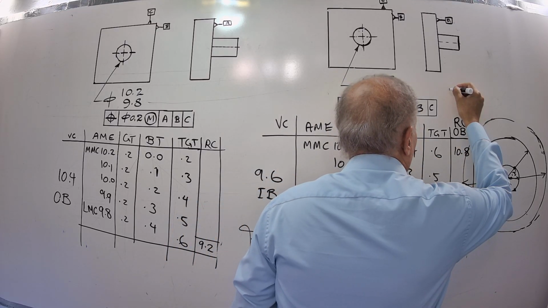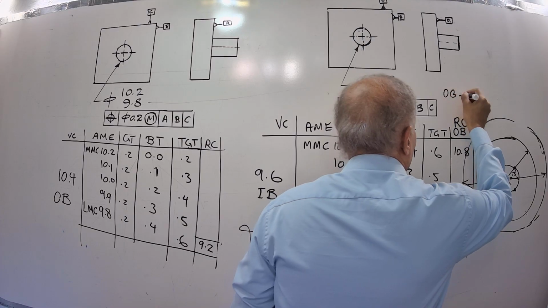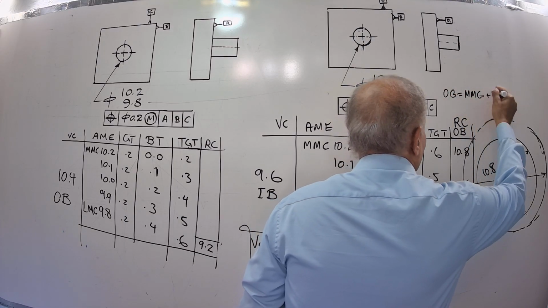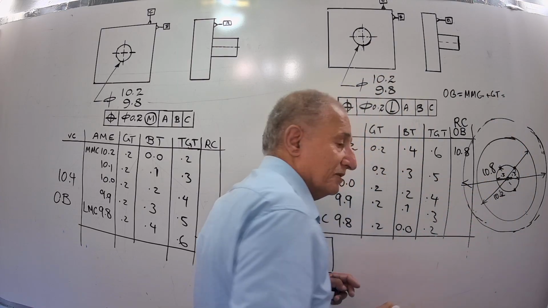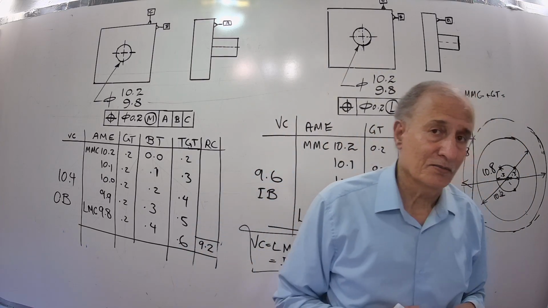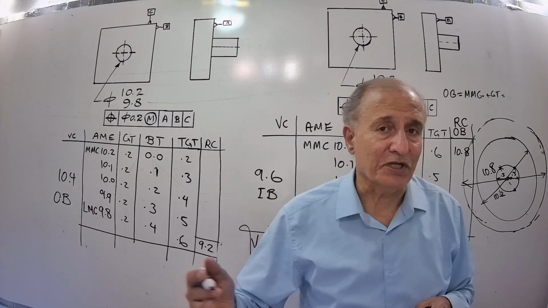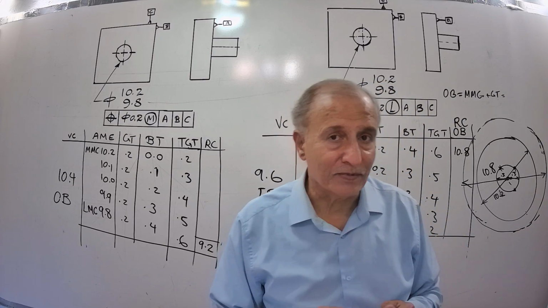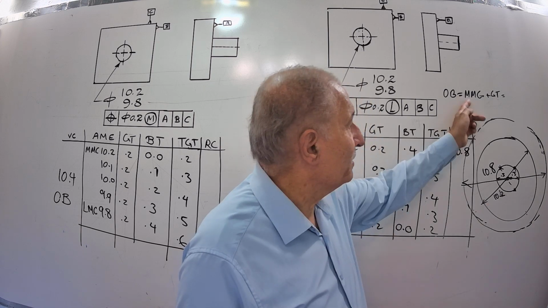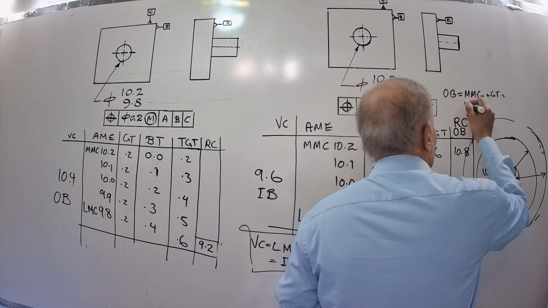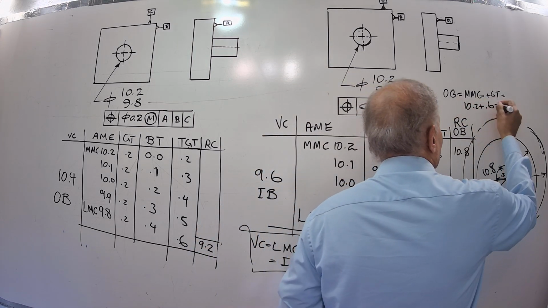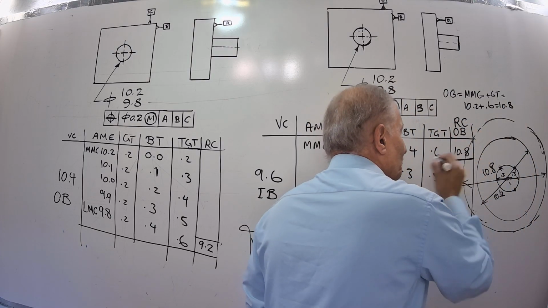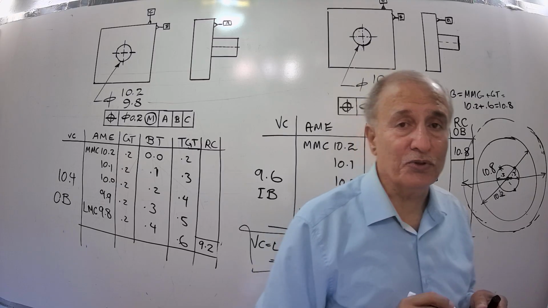Then you can write actually outer boundary is MMC plus applicable geometric tolerance. It doesn't matter which geometric tolerance or geometric error made this 0.6. Okay, then it is 10.2 plus 0.6, 10.8. Then you have an outer boundary here, which is RC for size 10.2.